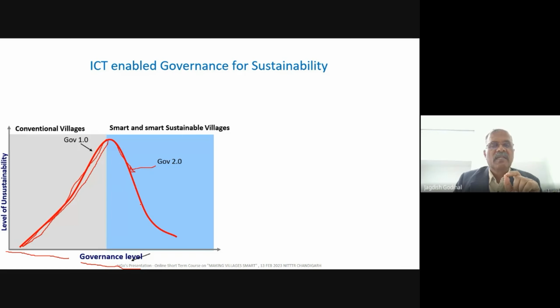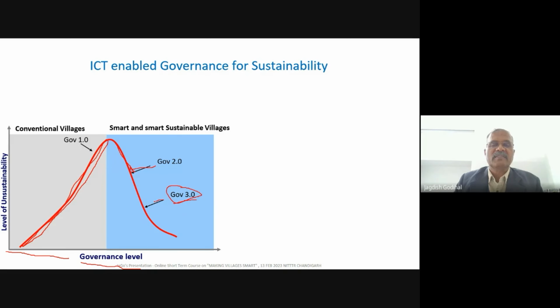Then if I have governance level 3, where I implement ICT, monitor with technology and collect the data, the decision is still subjective. Whether to do it or not is based on the people and the administration.